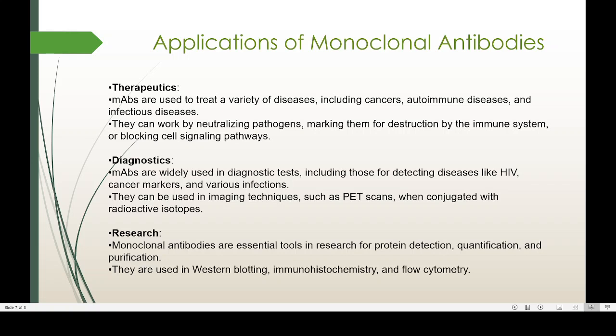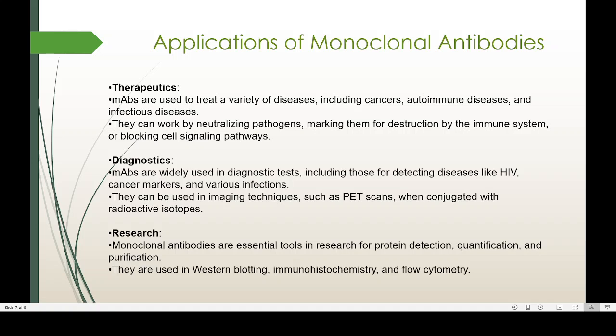They can be used in imaging techniques like PET scan when conjugated or combined with a radioactive isotope. In the case of a PET scan, we combine this monoclonal antibody with a radioactive isotope, so that it will be able to reach that particular cell and also show the different types of blocks observed in that.